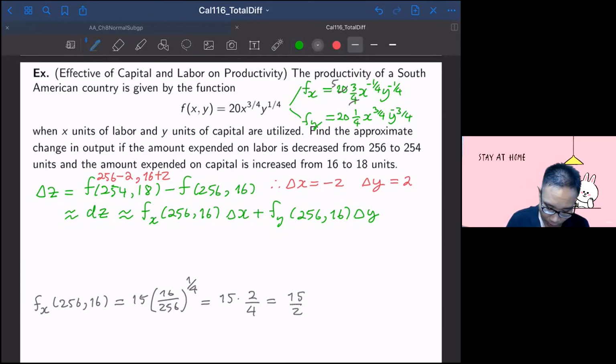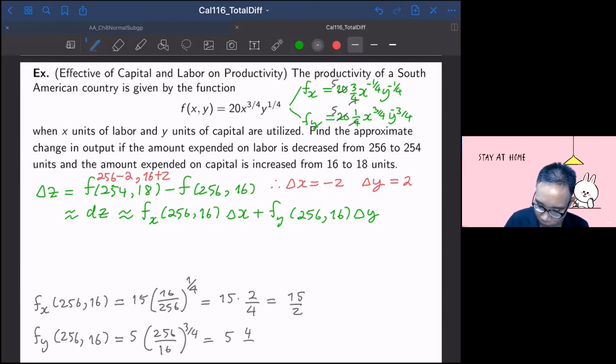Okay, and you have fy at (256,16). So here again it's 5, and 256 over 16 to the 3/4, so it's going to be 5 times 2 raised to the 3rd power, so it's going to be 5 times 8.